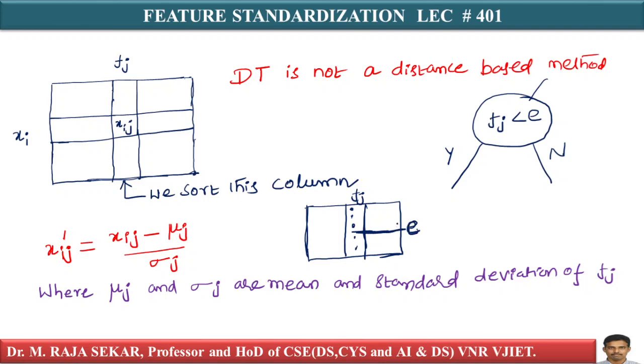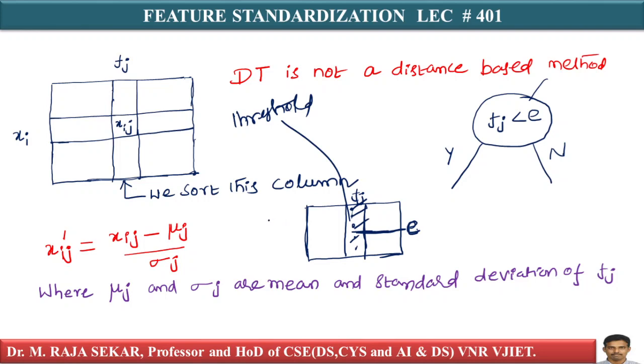Any of these values, meaning values of this feature j, could be a threshold. That's what we discussed in our previous lecture. Remember, it only depends on the order.